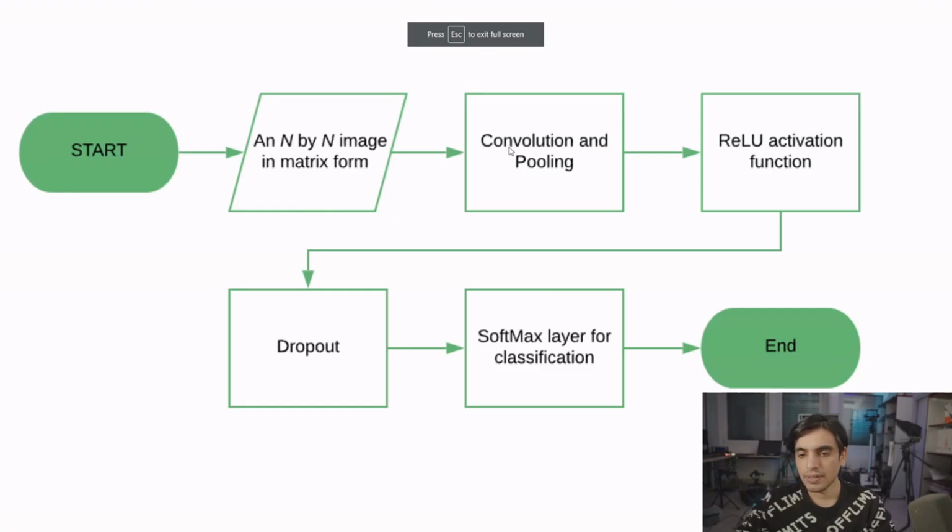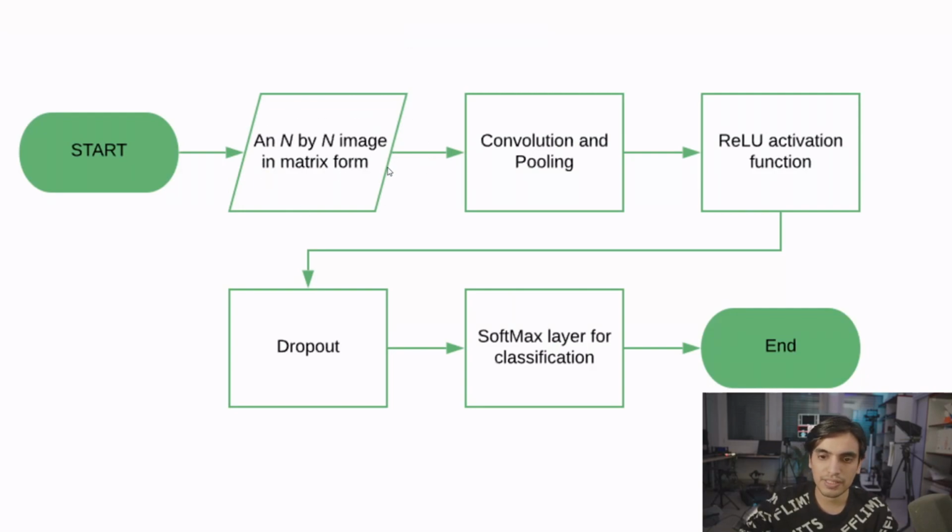So here we go. Here is the block diagram for the convolution neural network. The first thing is our input image, which is of size n cross n, and we need this image in matrix form. After that we need to apply the convolution on this image, and after the convolution we need to apply the pooling on the convoluted image. I have already talked about the convolution method in detail in my old video with the Python implementation.